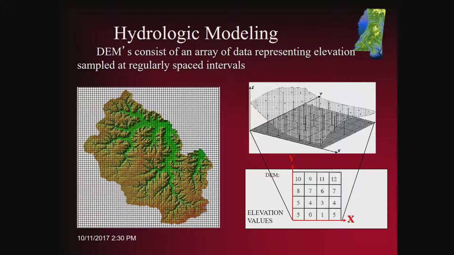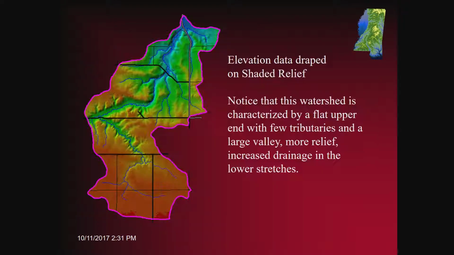So considering a raster grid of elevation, we're going to create these same sorts of features, pour points, subbasins, drainage networks, using a raster GIS as input. Let's talk about this elevation.